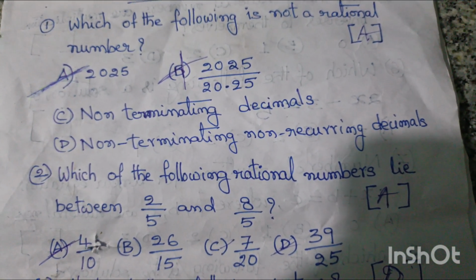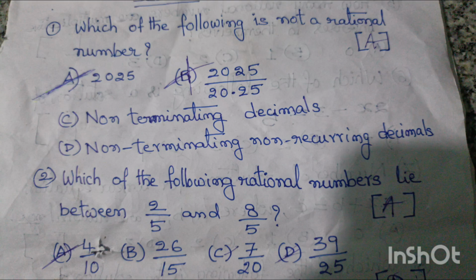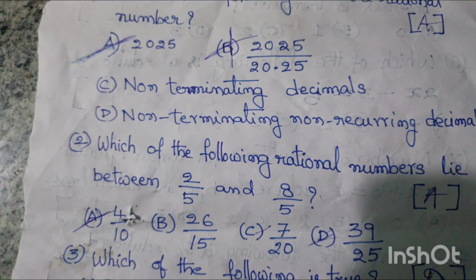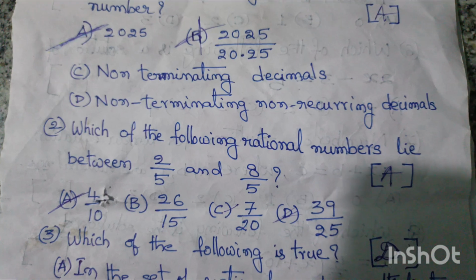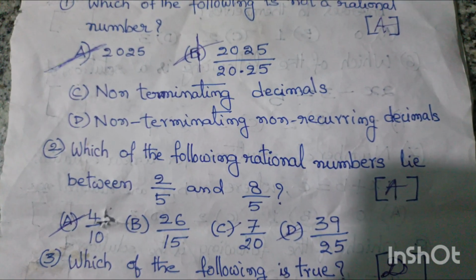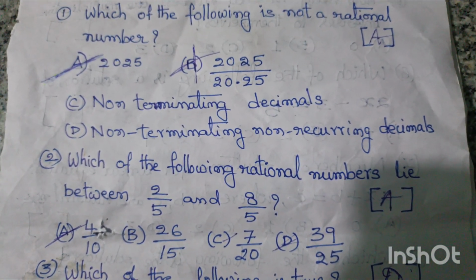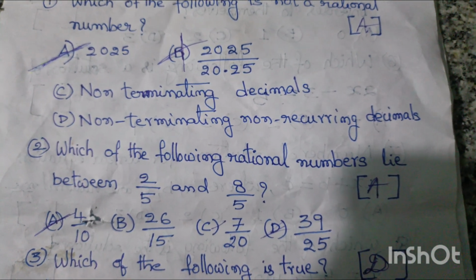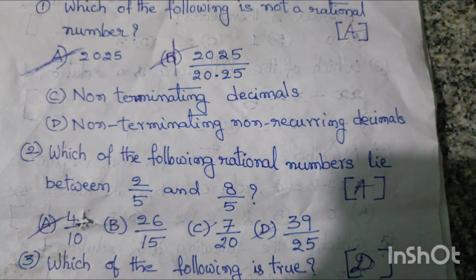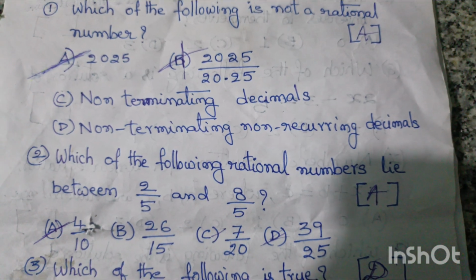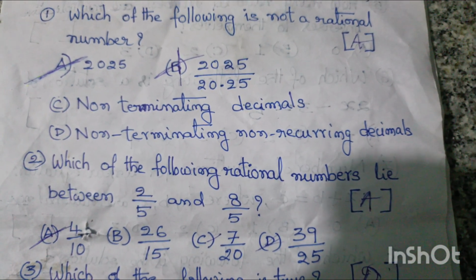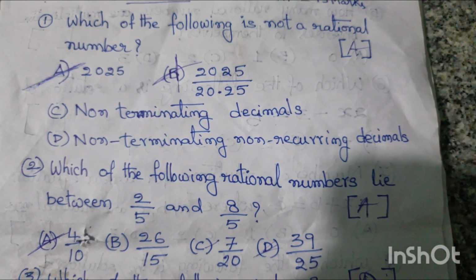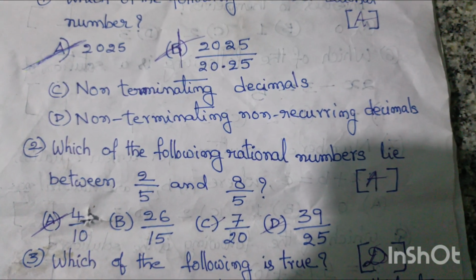So we all know that a rational number means that which can be expressed in the form of p by q, where p and q are integers and q is not equal to 0. So 2025 can be written as 2025 by 1, hence it is a rational number. 20.25 also can be expressed in p by q form, so it is a rational number.